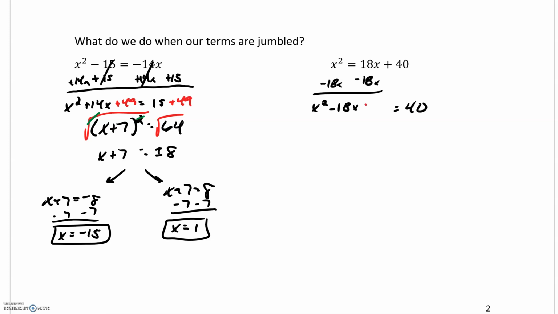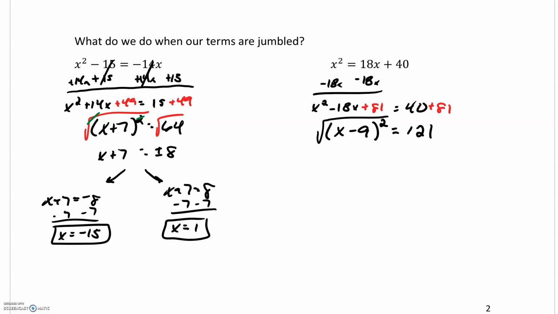So I'm going to add 81 to both sides. This left-hand side is going to factor to x minus 9, because that's half of my b value. My b value is negative 18. So half of that is negative 9, squared, is equal to 40 plus 81, which is 121.